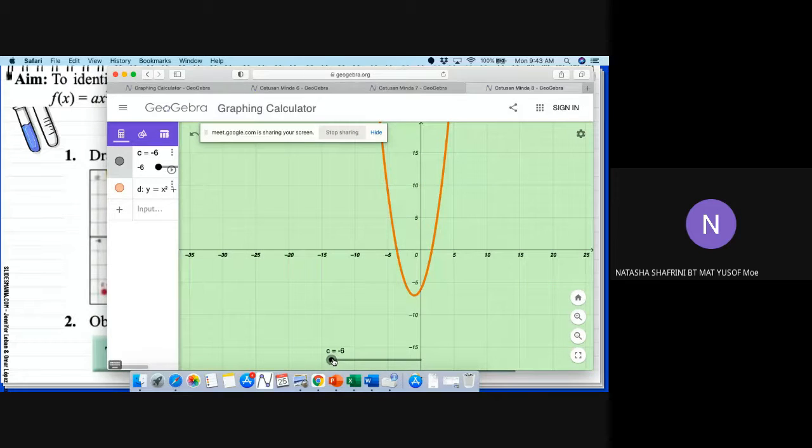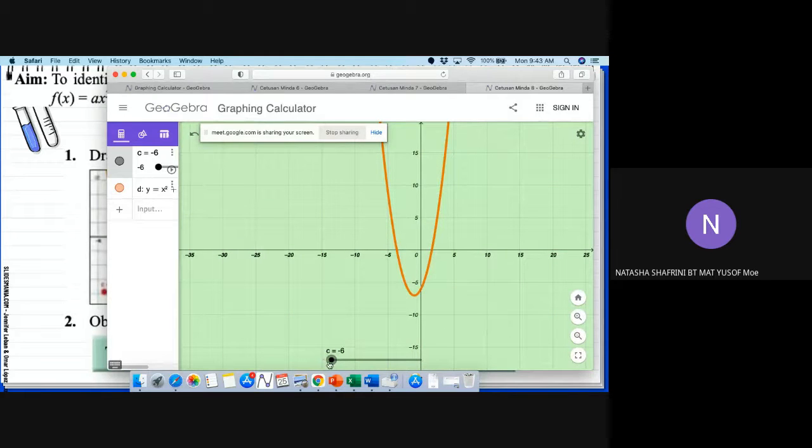Okay, size tidak berubah. Okay, hanya yang berubah adalah macam mana dia kata? Sebenarnya dia terangkat naik atas. Okay, bila kita nak naikkan. So, bila turunkan, dia jadi ke bawah.